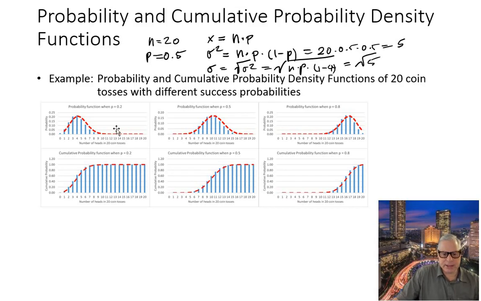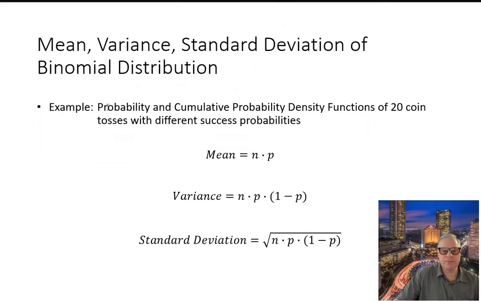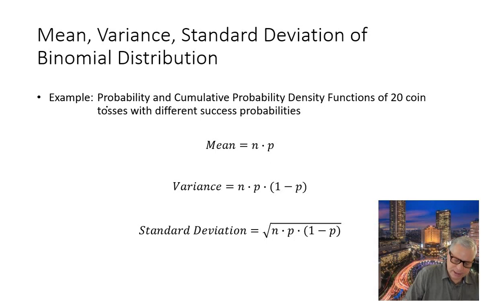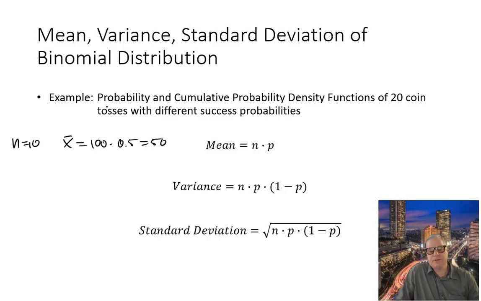In the example that I did in the previous video, we had n equals 100, and then the mean would be 100 times the success probability 0.5, 50. So on average, we can expect 50 heads. So we flip a coin 100 times, and then we do that 1,000 times.